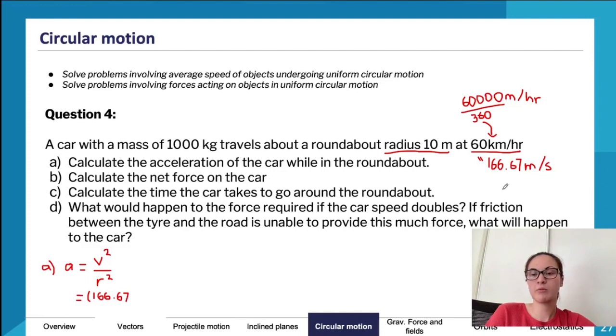The reason why we converted that to meters per second is because that's how we talk about velocity in physics, but also because our radius is in meters, so everything has to be consistent. Divided by radius, so 10, which is just going to be 10.